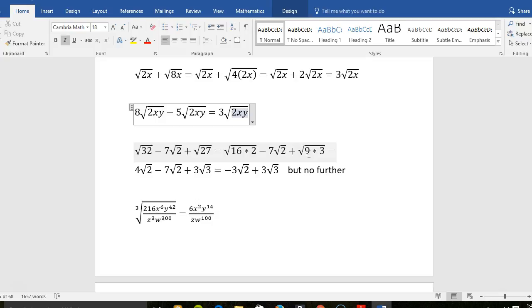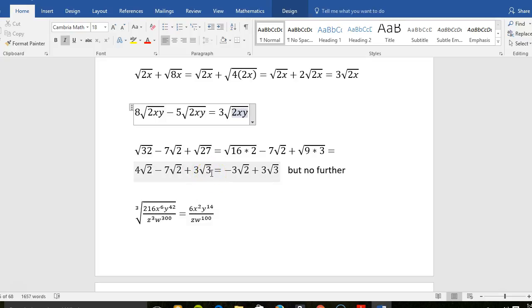So you turn 27 into 9 times 3, okay? So what happens is, you see that 16 times 2, the 2 can't come out, but the 16 can. The square root of 16 is 4. The 2 stays in. The minus 7 radical 2, you just bring it down, it's stoic for now. And then the plus, now that 9, square root of 9 is 3, so that comes out as 3 radical 3.